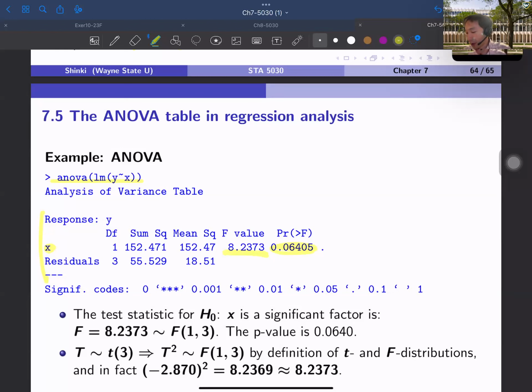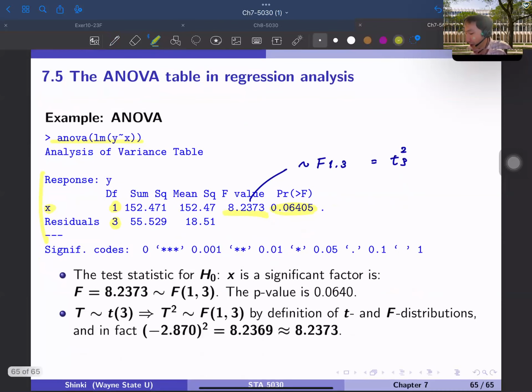But remember that if we have degrees of freedom 1 and 3, this statistic follows the F distribution with degrees of freedom 1 and 3. 1 is for the numerator and 3 is for the denominator. And actually, this is the square of the t distribution with df 3. So this is just the squared number of the previous t statistic.